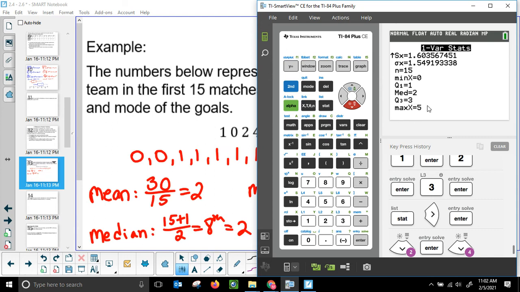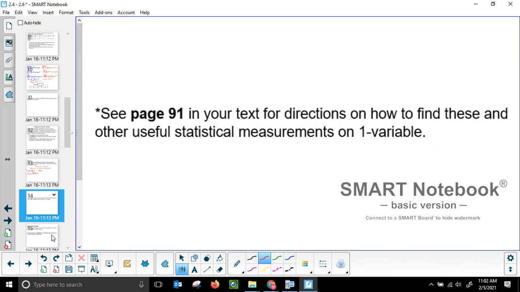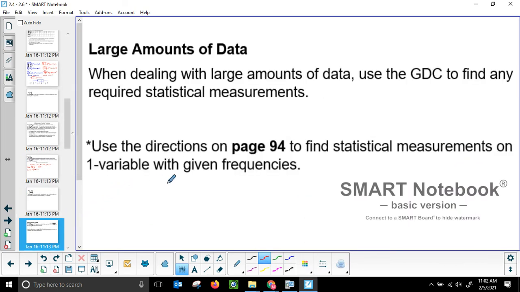This is also very useful if you're doing a box and whisker plot by hand. This is literally the 5 pieces of information that you need to do a box and whisker plot. When dealing with large amounts of data, use the GDC to find any required statistical measurements. Use the directions.